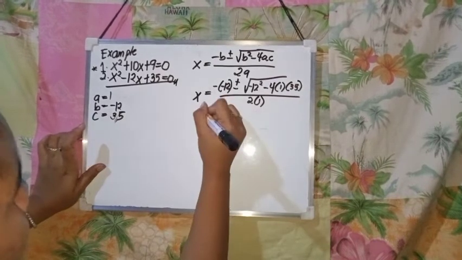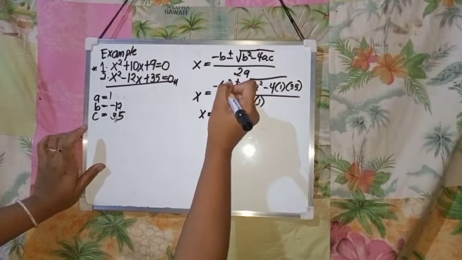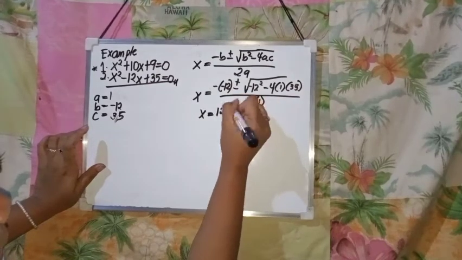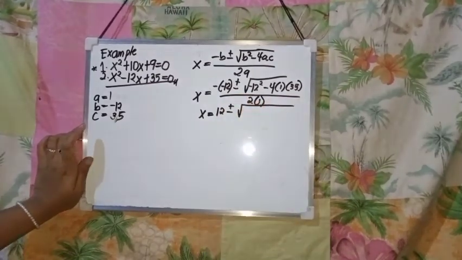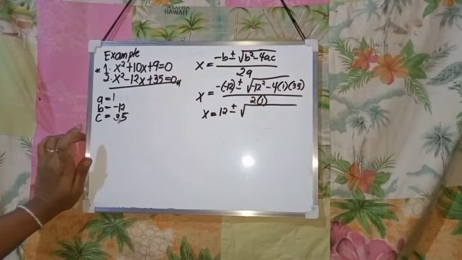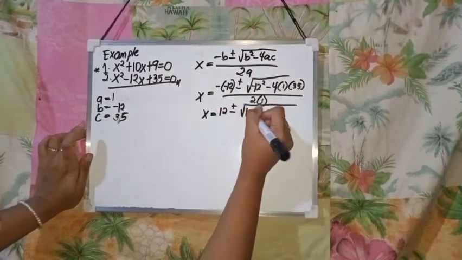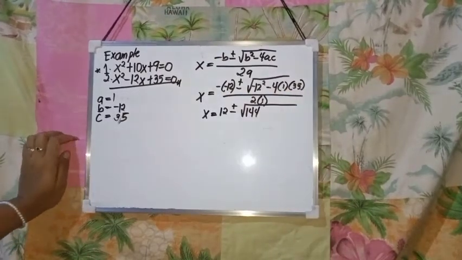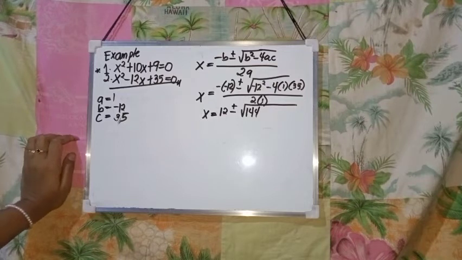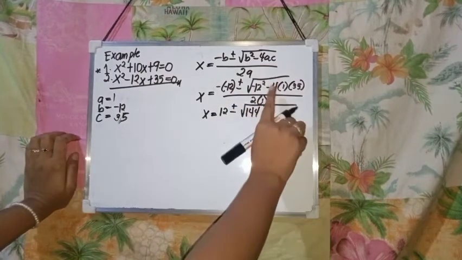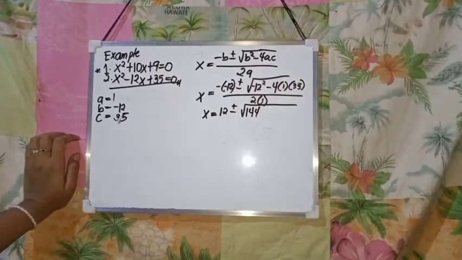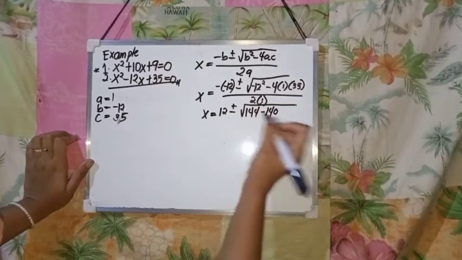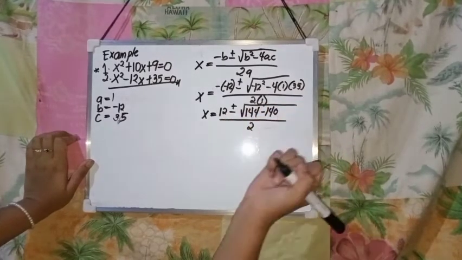Okay. So x here is equal to, negative times negative is positive, so it will be positive 12 positive negative square root of, since negative 12 squared is positive 144, and 4 times 1 is negative 4, and negative 4 times 35 is negative 140, over 2.